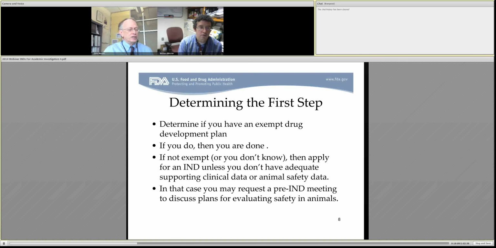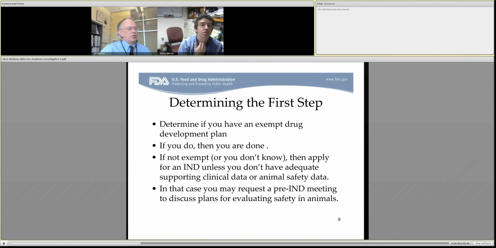and allows us to not be viewed as an obstacle to your progress, which we certainly don't want to be. So what I'm going to say is, if you're really confident you're exempt, you can send us a letter, describe your study, and I'll be telling you what to mention in the letter, and we'll agree with you, and you can proceed without an IND being in effect.